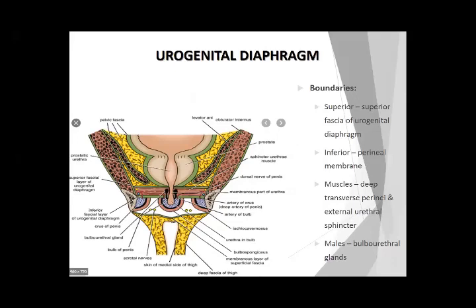The urogenital diaphragm. The urogenital diaphragm is bounded superiorly by the fascia covering the undersurface of the pelvic diaphragm. Inferiorly, it is bounded by the perineal membrane.